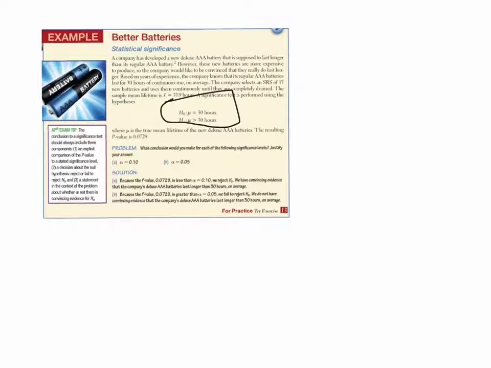They do this hypothesis test, the significance test, and they find that the p-value is 0.0729. Okay? So when they find the probability of the sample mean being, I should use the right symbol.